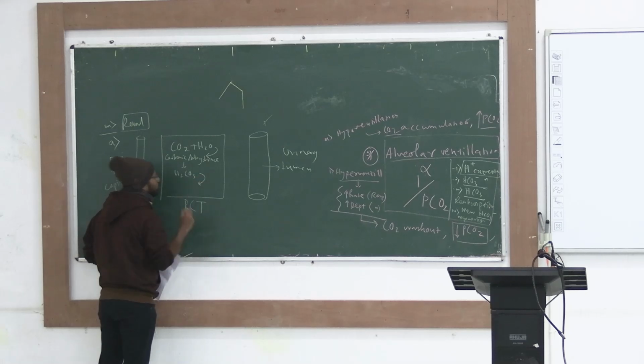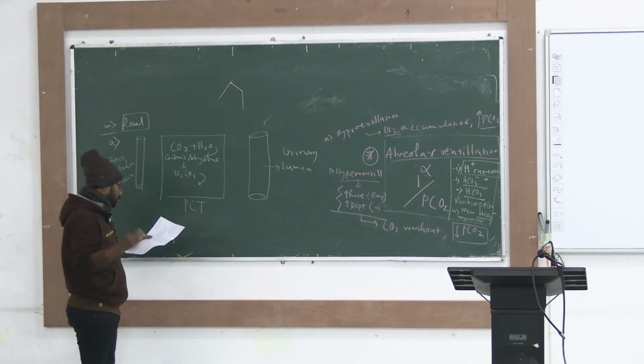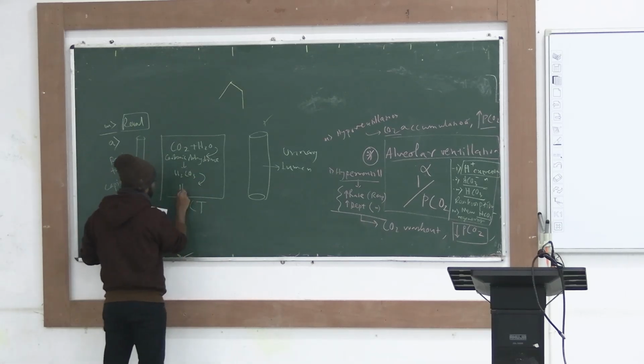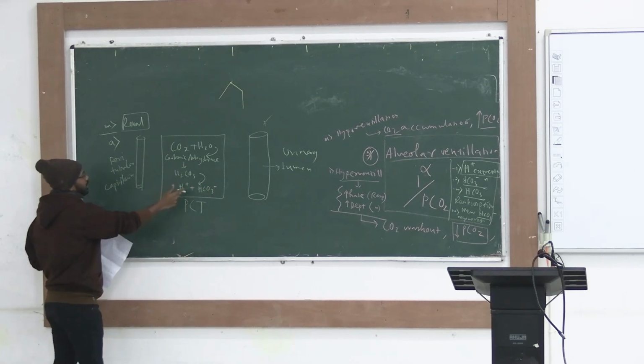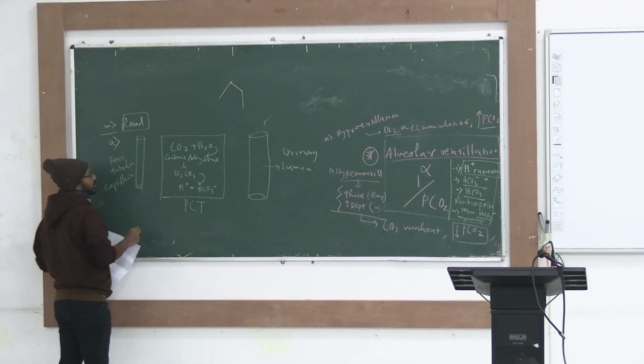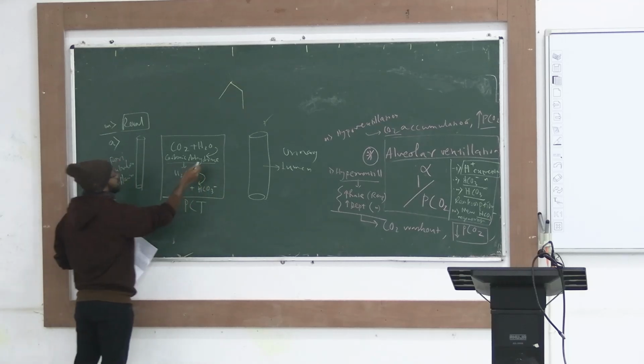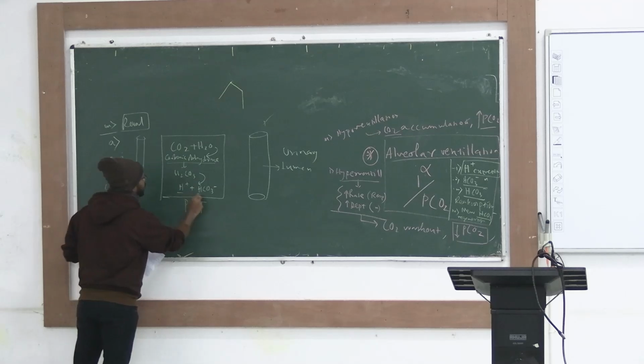So ওটা সঙ্গে সঙ্গে কি করবে বলো, কি করবে তাড়াতাড়ি বলো. H+ and HCO3- এটা হবে. So this is happening inside your PCT, right? So with the help of carbonic anhydrase, very important, hydrogen and bicarb formation.